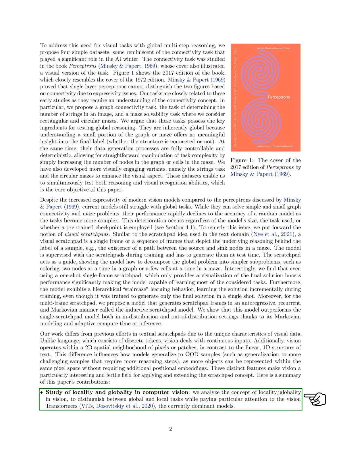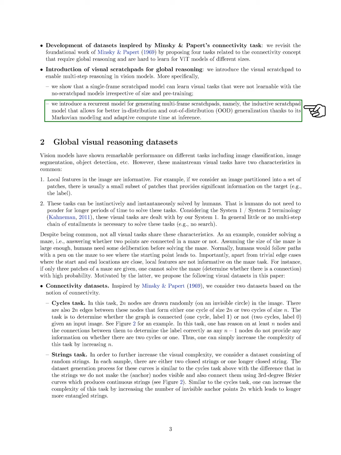In summary, our contributions include analyzing globality in computer vision to differentiate between global and local tasks, developing datasets inspired by foundational connectivity tasks that require global reasoning, and introducing visual scratchpads to facilitate multi-step reasoning in vision models. We demonstrate that a single-frame scratchpad model can learn tasks that previous models could not, and we present a recurrent model for generating multi-frame scratchpads that enhances generalization capabilities.